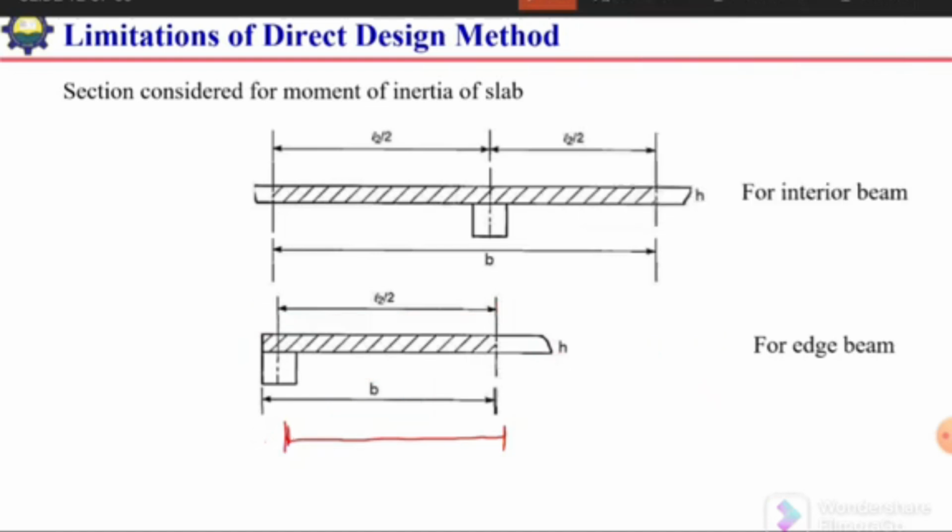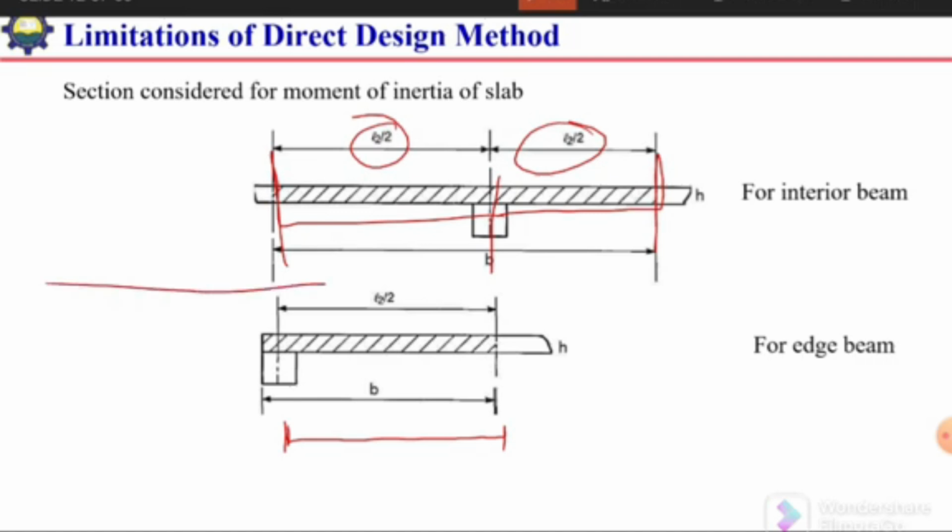For interior beam, we have slab on both sides. So from the center of the support, we will consider half panel length on this side and half panel length on this side, L2 by 2, L2 by 2, where L2 means the transverse direction of the beam.